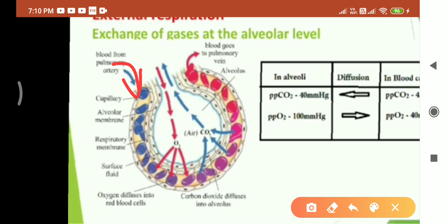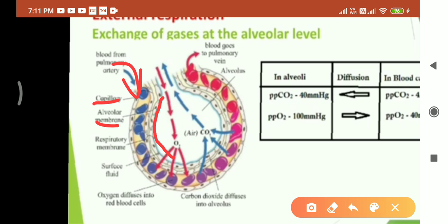When we look here, the pulmonary artery brings the blood. Which type of blood? It brings the deoxygenated blood. Now this deoxygenated blood starts traveling into the alveolar chamber, where the small capillaries are, and here you can see the alveolar membrane.